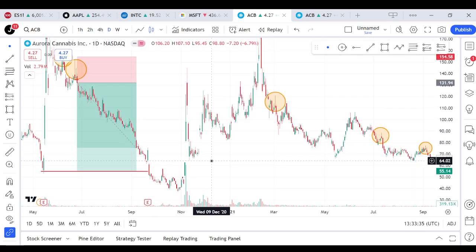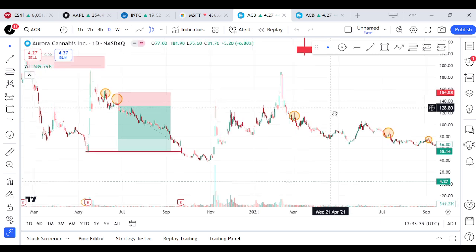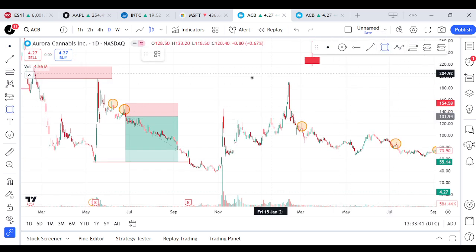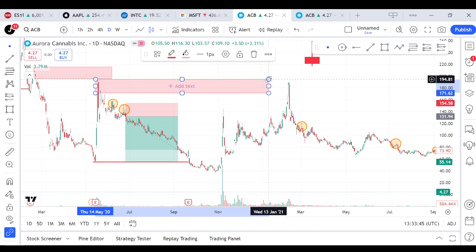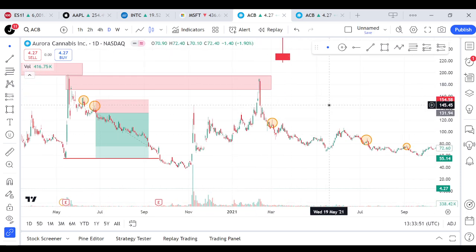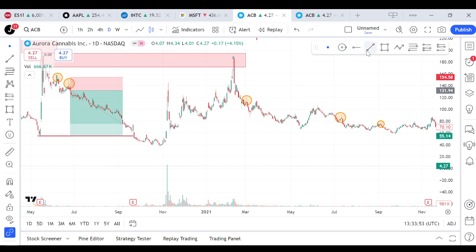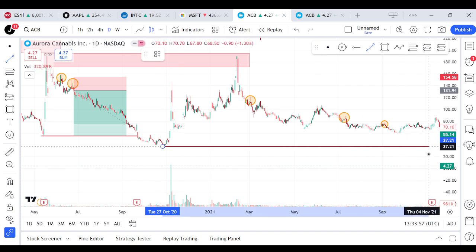I have another example here, and in this case we have this key resistance level, and we have price tap into that level and give us a nice reaction. So we should be looking to continue to the downside to break this structure. This is a clear bearish trend.